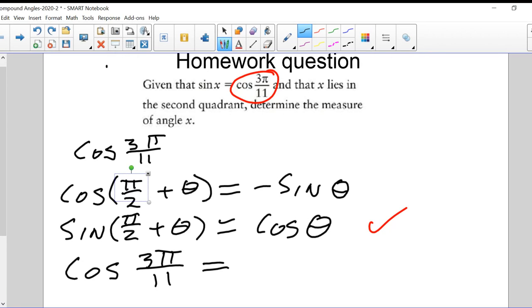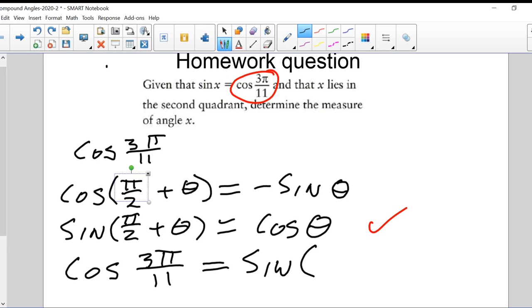What should that be equal to, based on what this line says, the line I just checked off? Look at where the theta is, and I just put in place of theta 3 pi over 11. Does that make sense? So what can I put this as? I can put this as the sine of what?